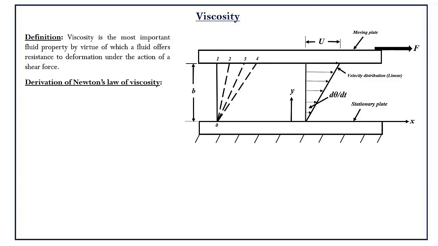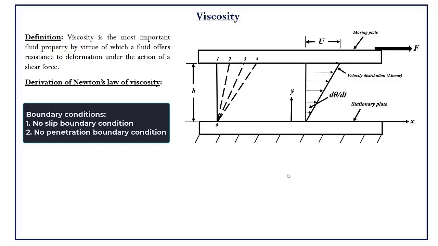The unit of U is meter per second if you consider the SI unit system. Now, for this analysis, we consider two boundary conditions. Number 1 is the no slip boundary condition and number 2 is the no penetration boundary condition.